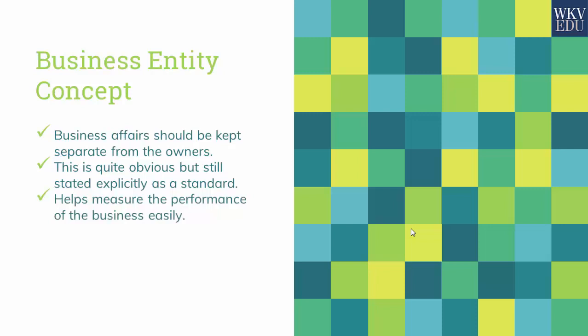Because you're separating the owners from the business, you can objectively look at how the business has performed and not get confused between the business's performance and the owner's performance. It ensures that businesses can be compared irrespective of the owners. So it does not mean that if the owner is good, the business has to be good, and vice versa. You can completely keep the business aside from the owners and look at each of them objectively.